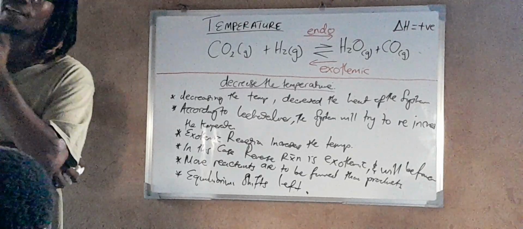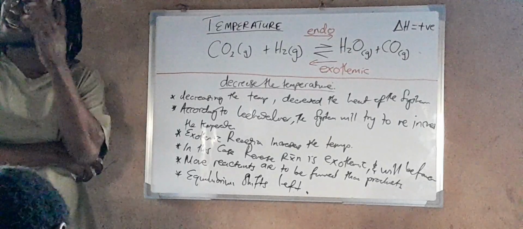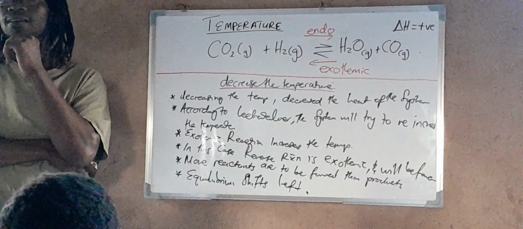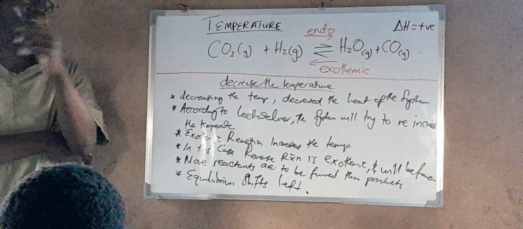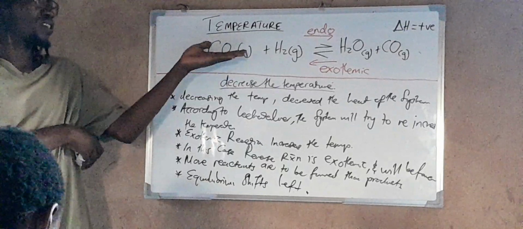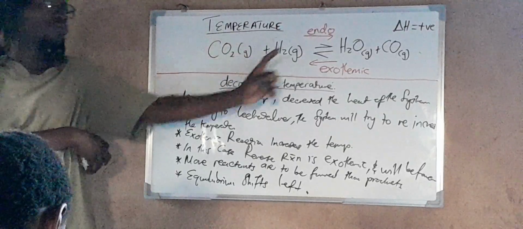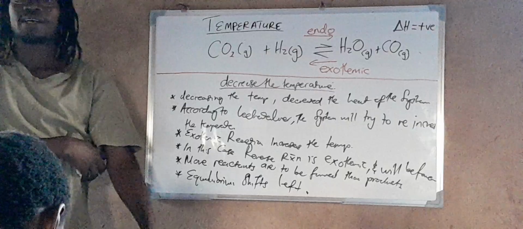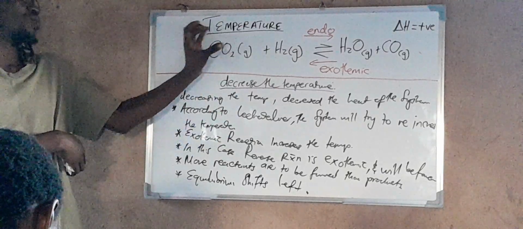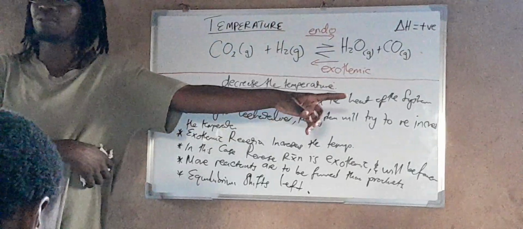These terms, exothermic and endothermic, only apply when you are explaining temperature, right? When you are explaining concentration, we say that if the concentration on this side is increased, the system will try to decrease this side, so the forward direction will be favored.